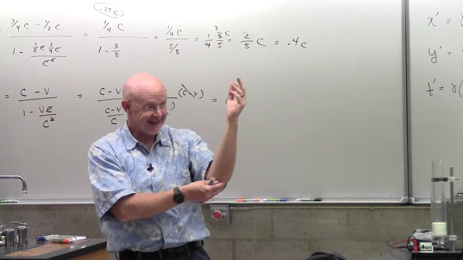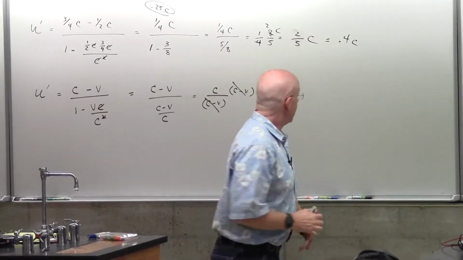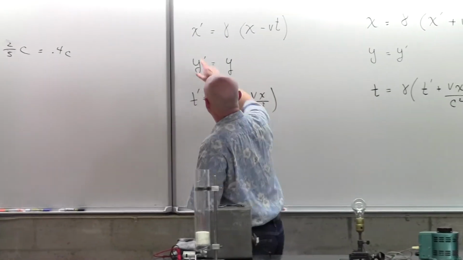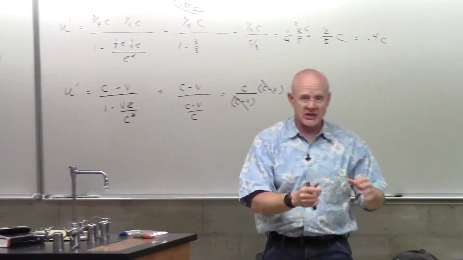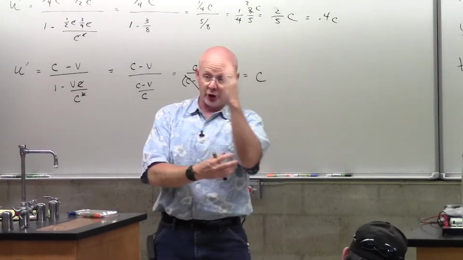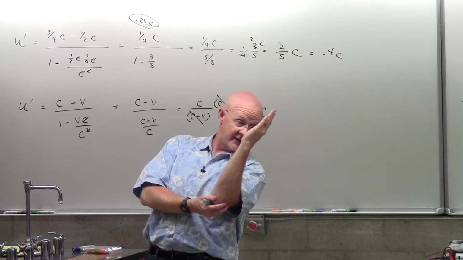Sound familiar? How would you handle that? Yeah, probably the first thing I would do is realize that from one observer's view, this rod, it's not a bird, it's a rod. Instead of being straight vertically, it's kind of tilted over like this.